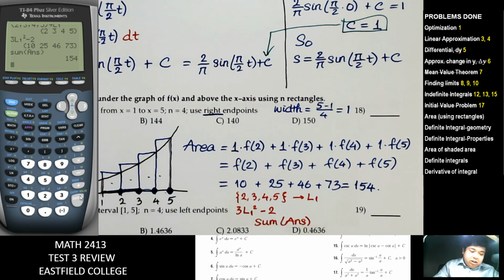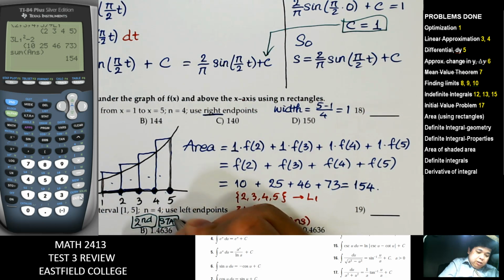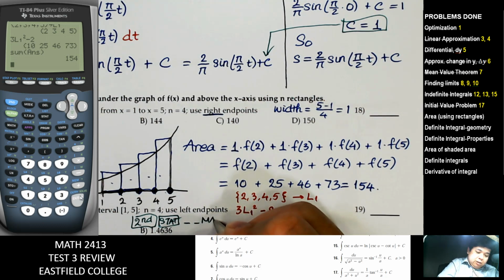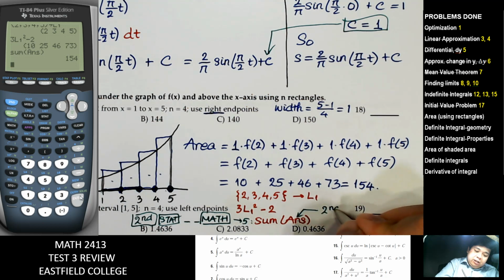So for the summation, we hit second start, and go to math, option number 5, and to get answer, we hit the second and the negative sign.